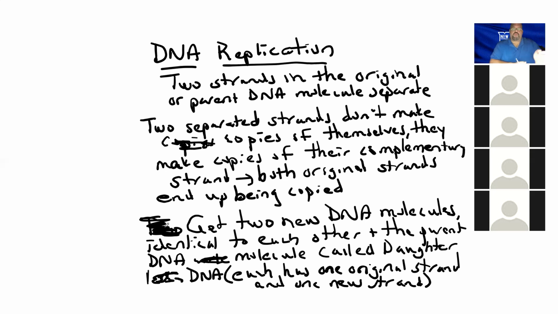So the original strand makes a new complement, and then they become hydrogen bonded to each other. It's not as simple as that, of course, but that's essentially what occurs in terms of DNA replication. But one of the mistakes students commonly make is they think that the original strands make copies of themselves. No, the original strands make copies of their complementary strands.